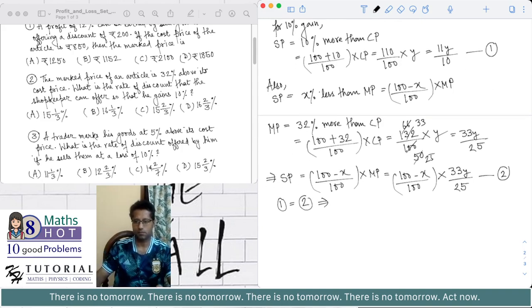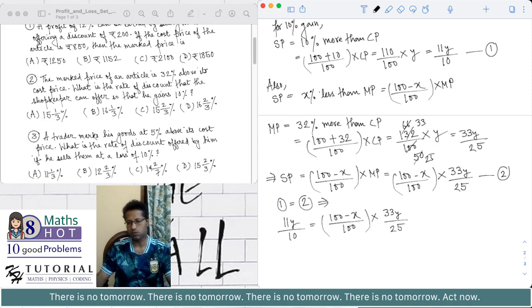So we can say that 11Y by 10 is equal to 100 minus X by 100 multiplied by 33Y by 25. We can cancel Y, we can also cancel this 11 and 33 to get 3. Now you might be wondering what I am doing. Like if you have 2x equals 5, if you have 2x equals, let's say, 6y, I hope you will understand.